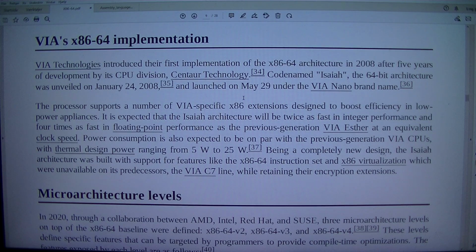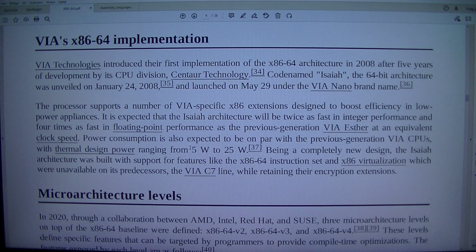The processor supports a number of VIA-specific x86 extensions designed to boost efficiency in low-power appliances. It is expected that the Isaiah architecture will be twice as fast in integer performance and 4 times as fast in floating-point performance as the previous generation VIA Esther at an equivalent clock speed.